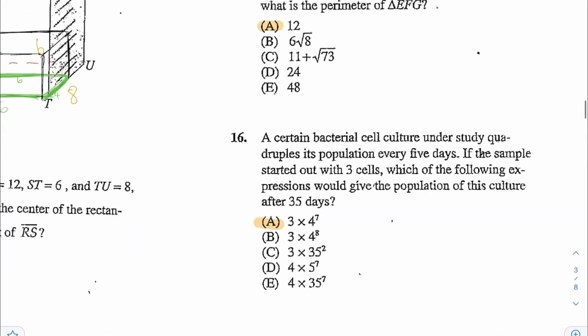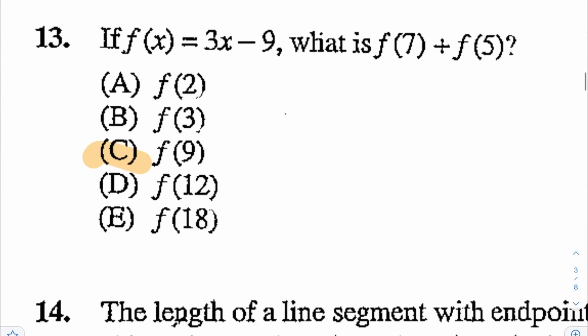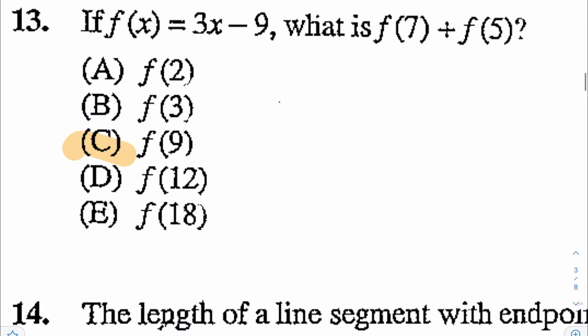All right, next for number 13, if f of x is equal to 3x minus 9, what is the value of f of 7 plus f of 5? So this indicates your function, and a function is just an input-output machine.